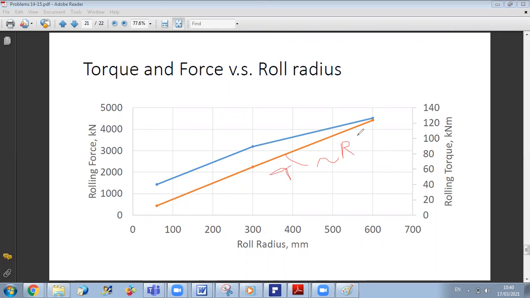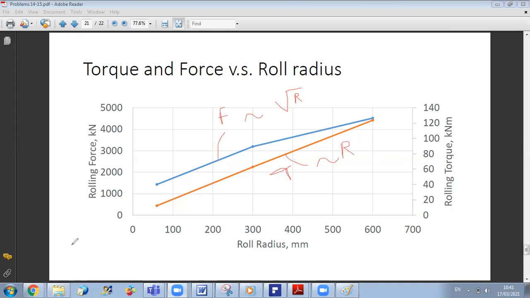This is the torque as a function of R, while the force is a function of the square root of R. This is why the slope of variation of the torque is higher than the slope of variation of the force with radius. Now, concerning the power, what will be the effect of radius on power?